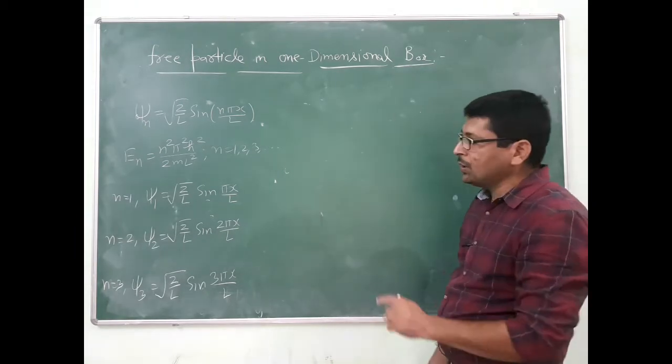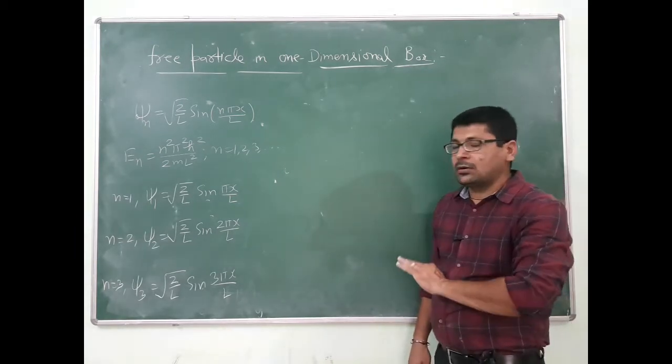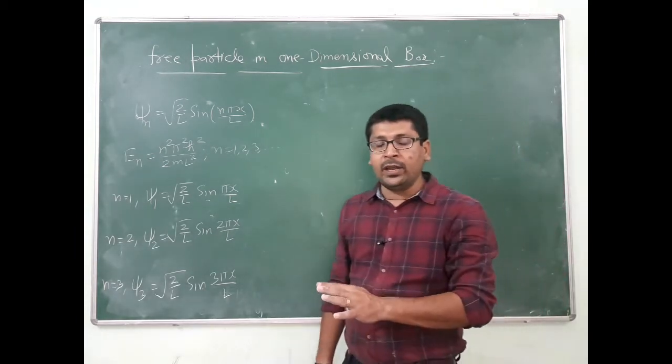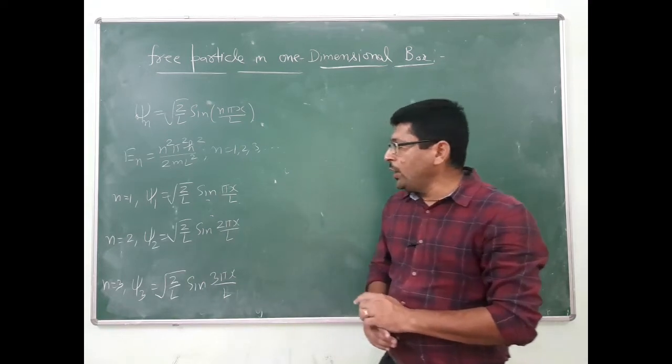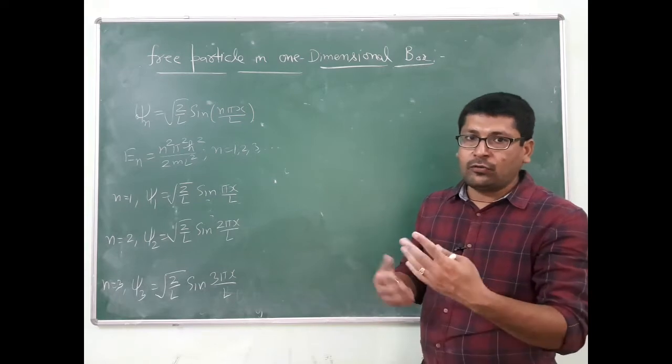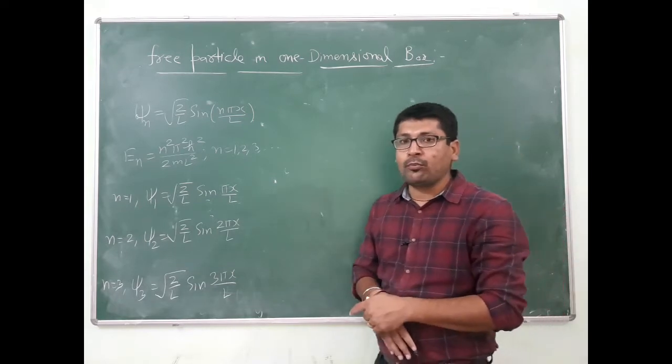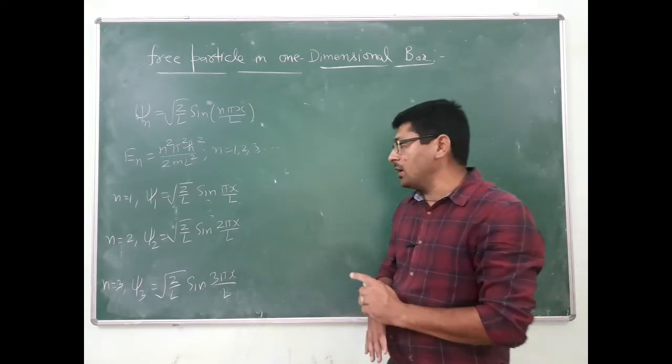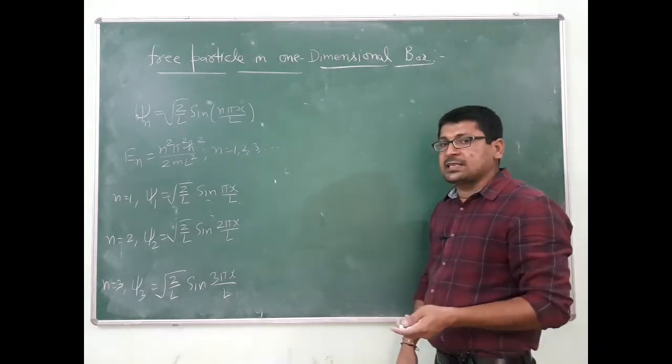As we know, the wave function alone does not have any meaning. The meaning of psi lies in the square of the wave function, which gives the probability of finding the particle, which we also discussed in our last unit.